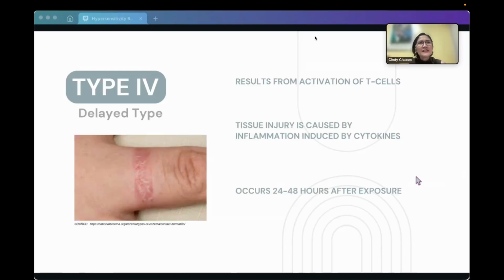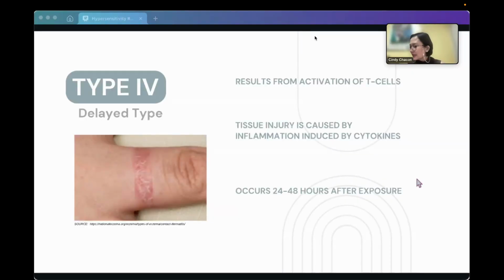So in different T-cell mediated diseases, tissue injury is caused by inflammation induced by cytokines produced by your CD4 T cells. Or they can also be caused by the killing of cells as a product of the cytotoxicity of your CD8 cells.